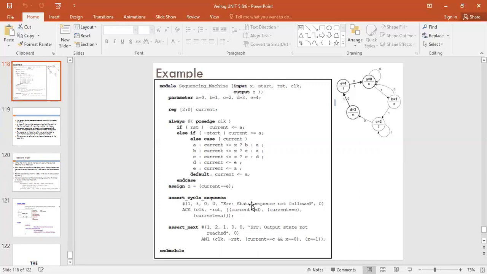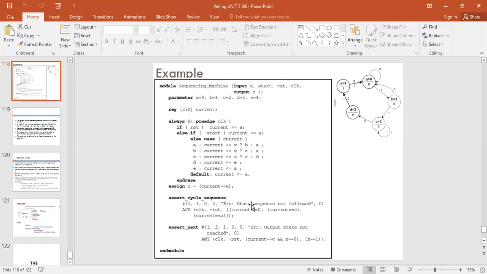Like after A it should go to B, is it going to B or not. So that will check whether the sequence is followed or not. Like if a 101 sequence is there, is it following the proper sequence or not, that will be found out by assert underscore cycle underscore sequence.